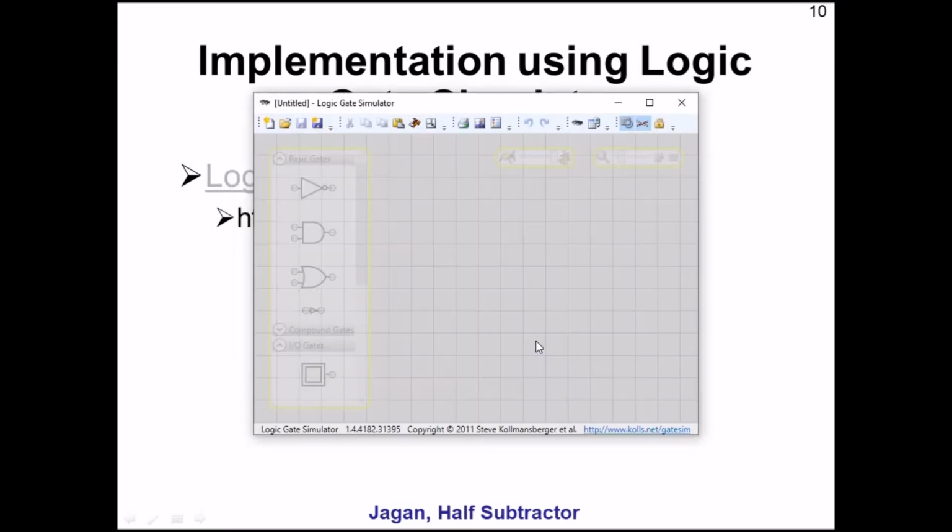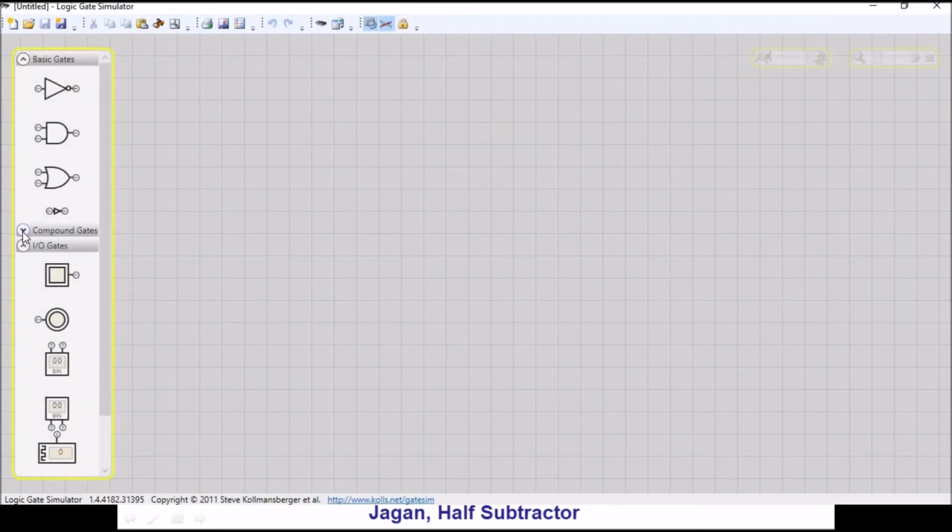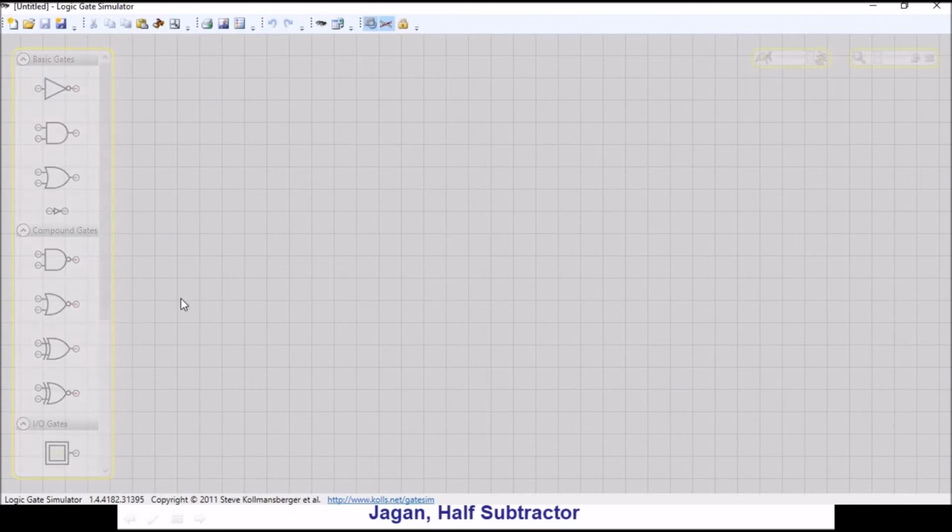So I open the logic gate simulator where I'll take the components. What components do I require here? I need an XOR gate, right? Okay, then what else do I require?